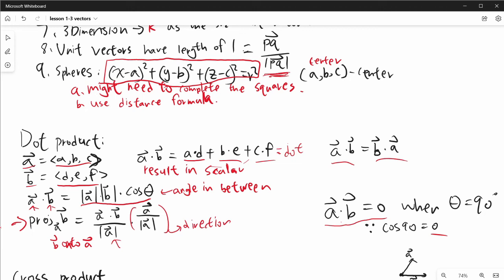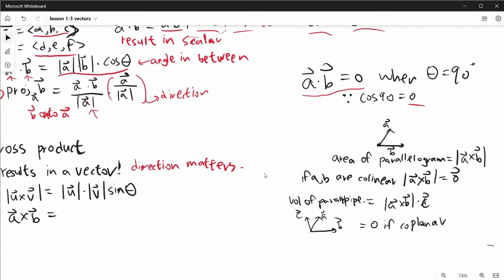So this part is a unit vector, and this part is the dot product over the length of A. This is something that you should just know, you should memorize.